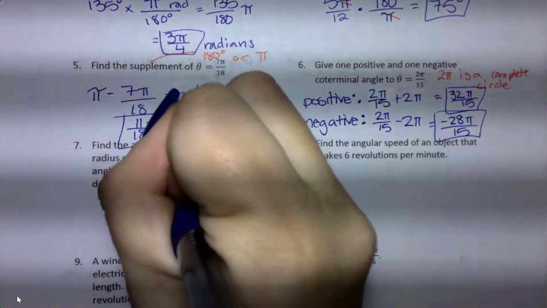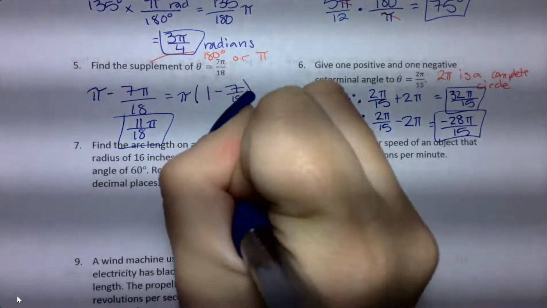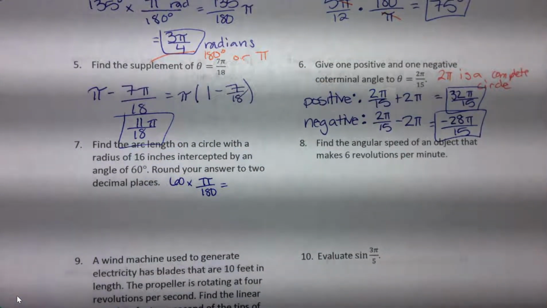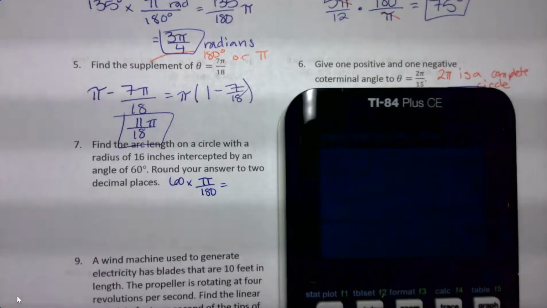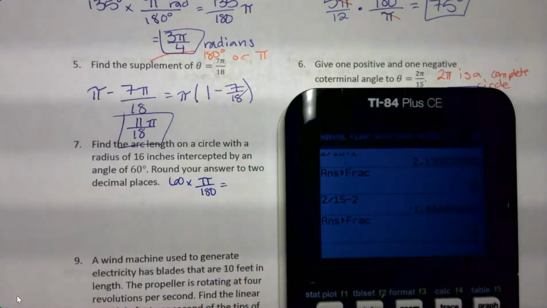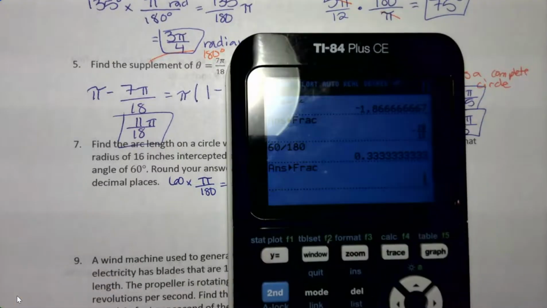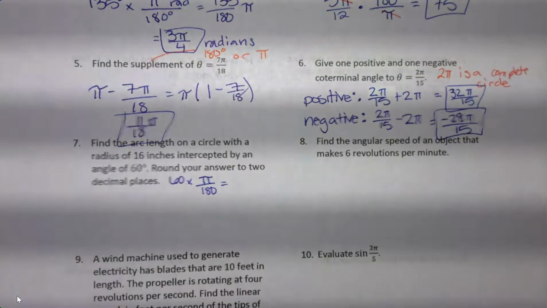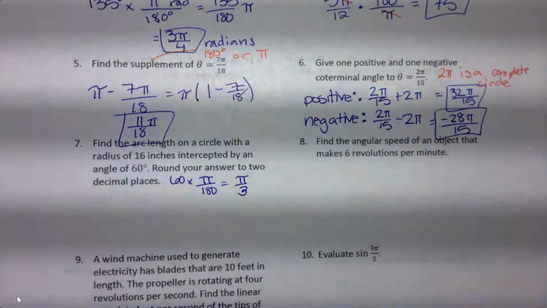So I'm going to convert from 60 degrees to radians. For now, I'm going to leave this answer as a fraction. So I'm just going to do 60 divided by 180 and then simplify it, which gives me 1/3. So pi thirds.